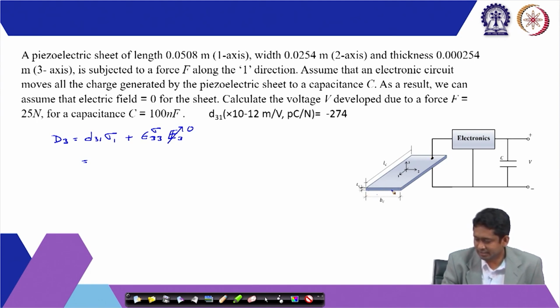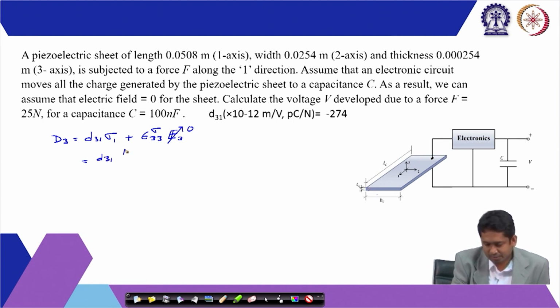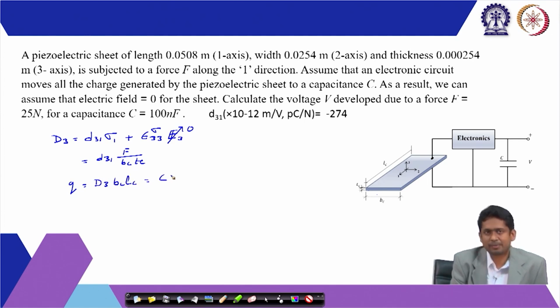So, I have to divide by this area. So, it becomes D31 force by BC into TC. Now, if we know the electrical displacement D3, the charge can be calculated as D3 multiplied by BC into LC, and that is equal to our capacitance multiplied by the voltage.